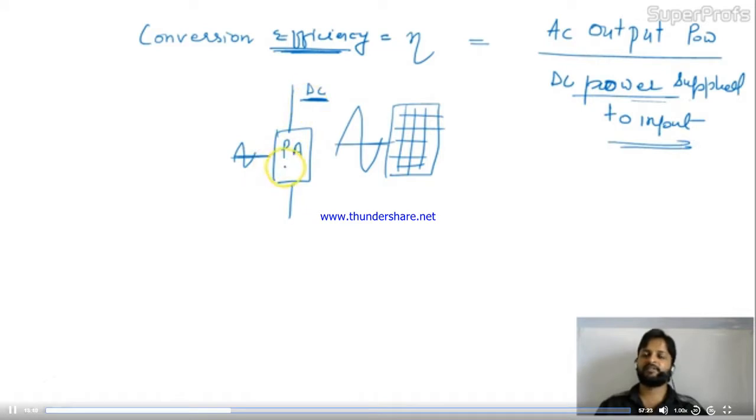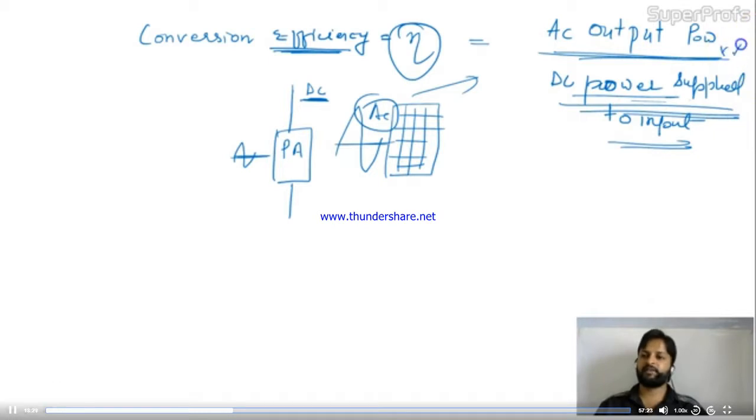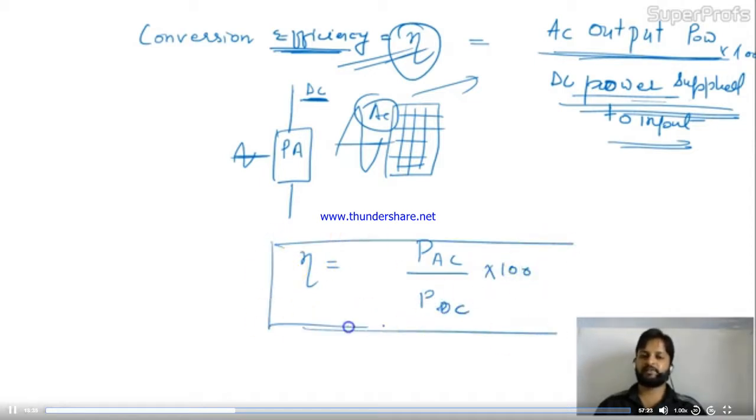Here it's taking some power, and here this AC has its own power. So your efficiency is AC output power divided by applied DC power, into 100, so it will be in percentage. So eta in percentage is power AC divided by power DC into 100. Is it okay? Okay friends, now we'll see the figure of merit.